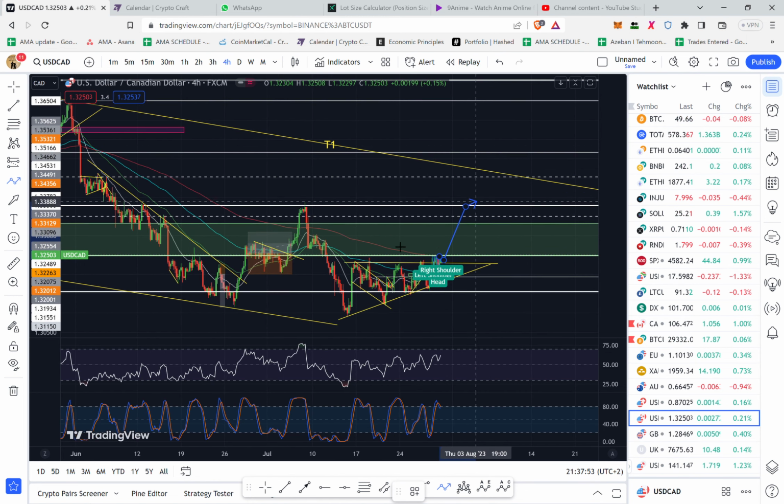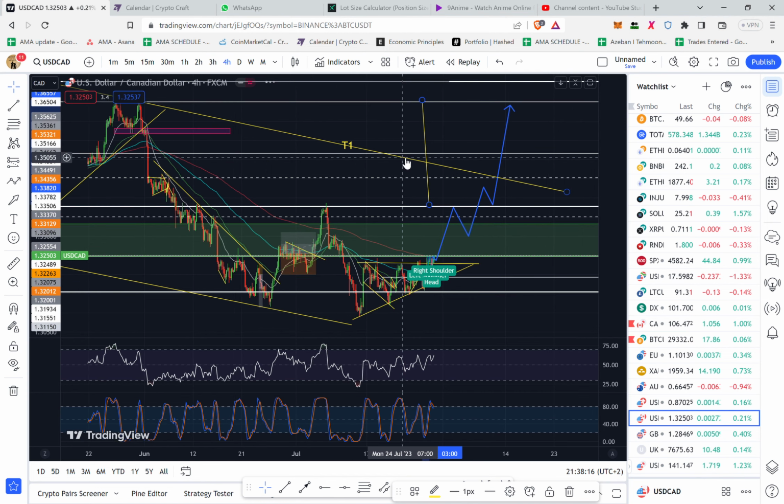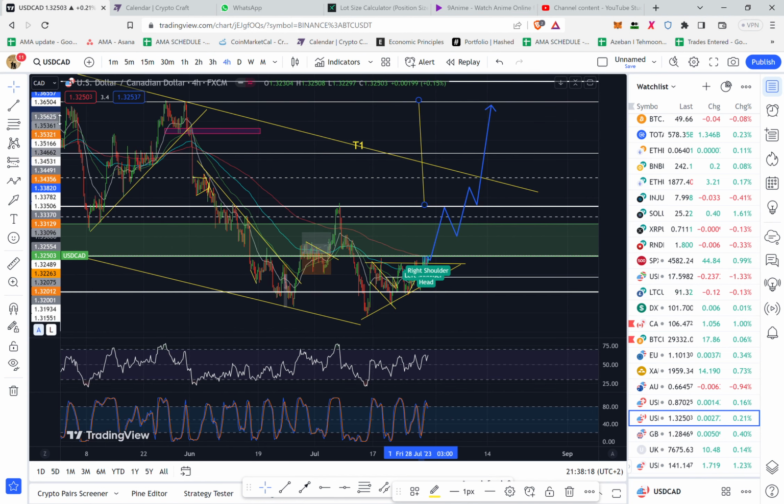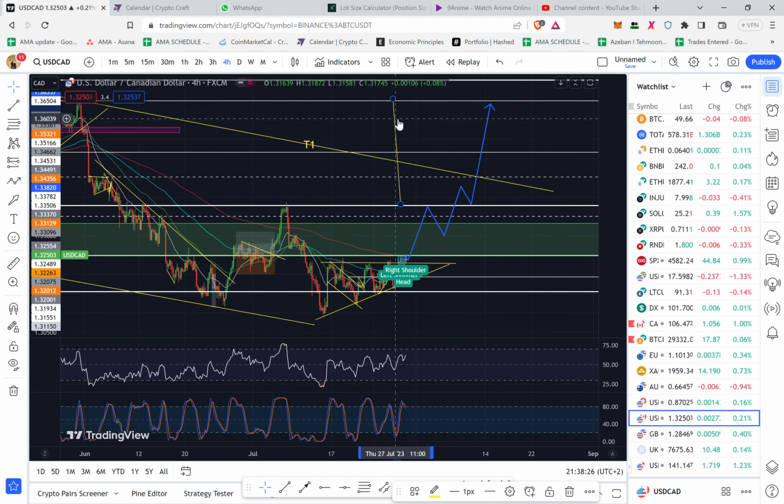With this being a double bottom right here, we could say that maybe we get a pullback, a breakout, a retest, and a continuation higher, and this double bottom can give us a target of around 1.36504. So that high there, we retest that high, and then yeah, that's my plan for the future ahead for USD CAD.